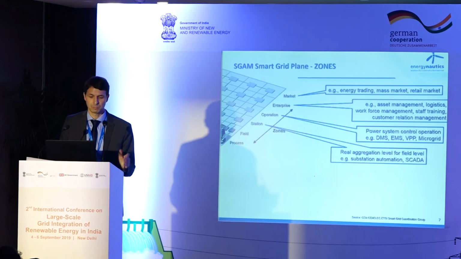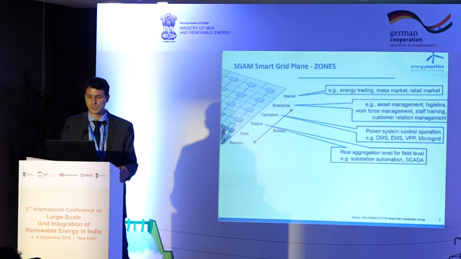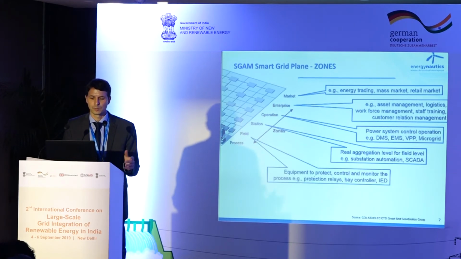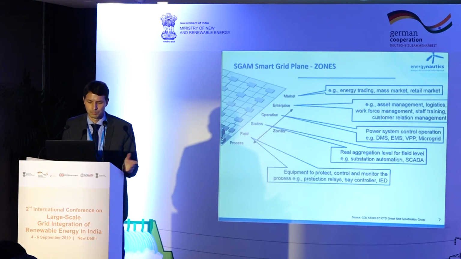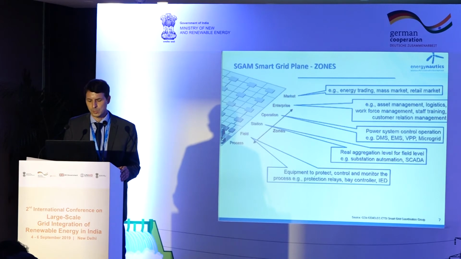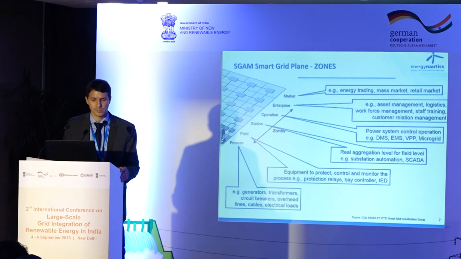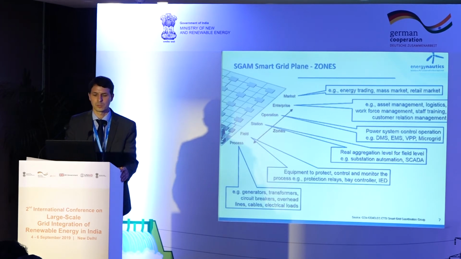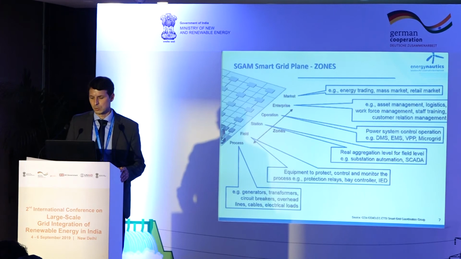The station, substation automation, SCADA system, for example, which would be in this zone. And the field, what kind of protection, for example, controller are you actually using, which is in the information layer. And finally, of course, the process itself, where the generators, transformers, circuit breakers, and electrical loads are situated.